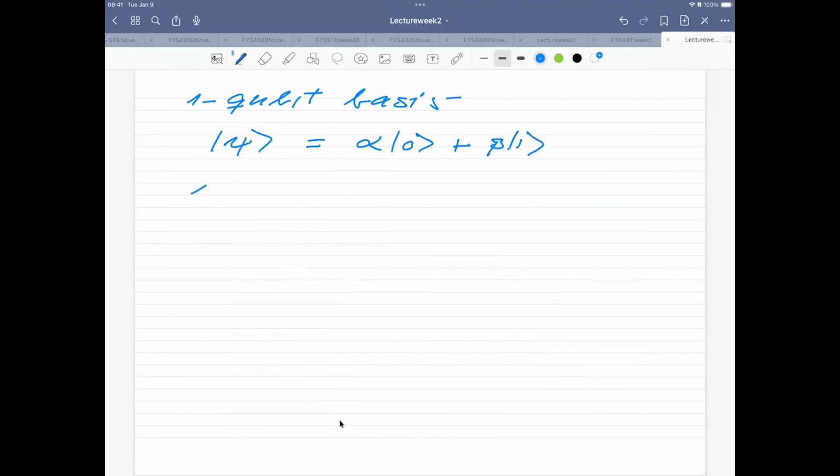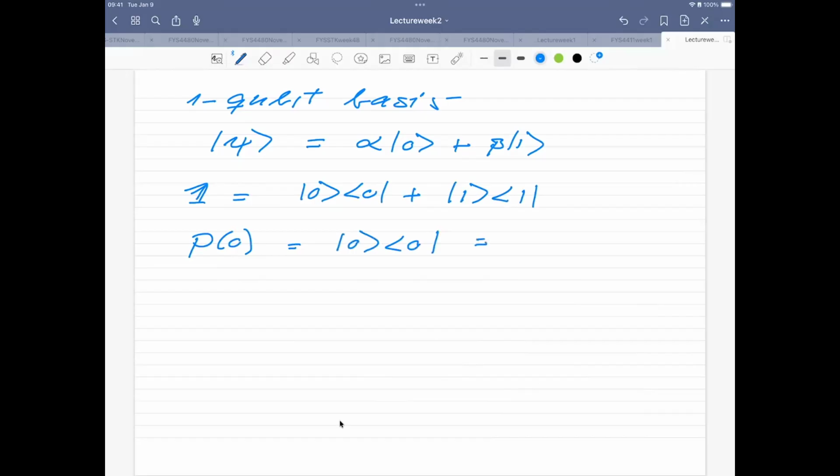We can then define the identity for this specific case, which is given by the outer product of 0 and 1. And then we can define a projection operator which projects out the state 0, which we also defined last week. This is just |0><0|.